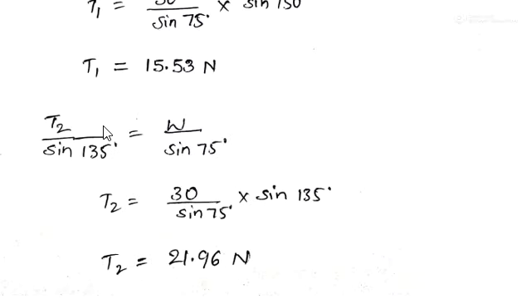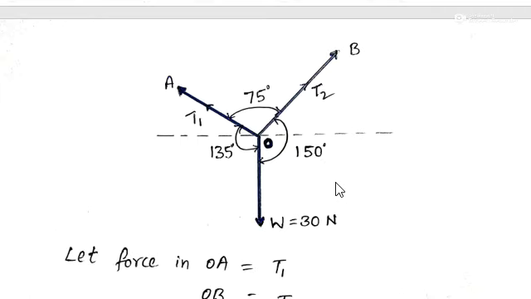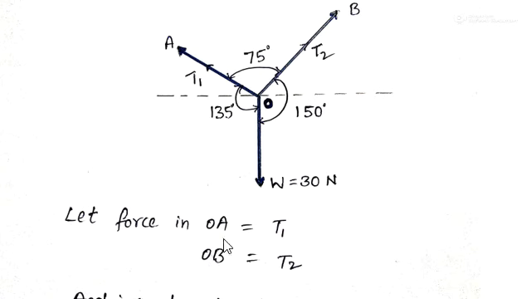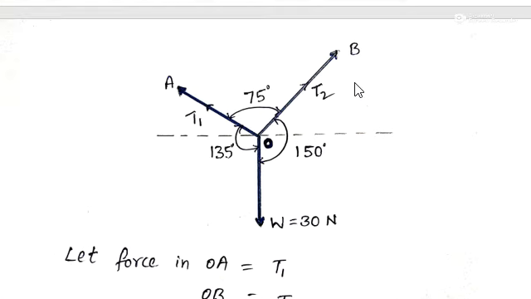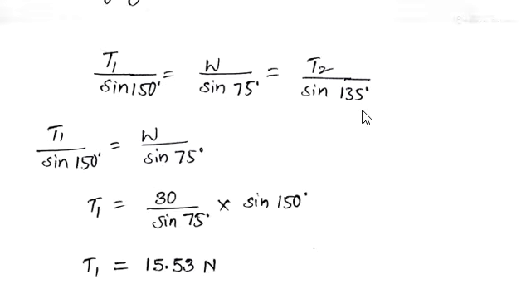I require T2, so sine 135 goes to the right side. W is 30, sine 75 as it is, and sine 135 here. If you simplify this, we get T2 as 21.96, and T2 is what we assumed as the force in OB. So the force in OB is 21.96 newtons. This is the way to solve this kind of question.